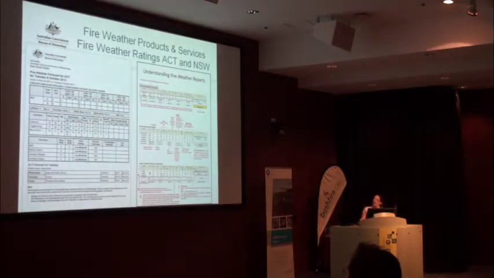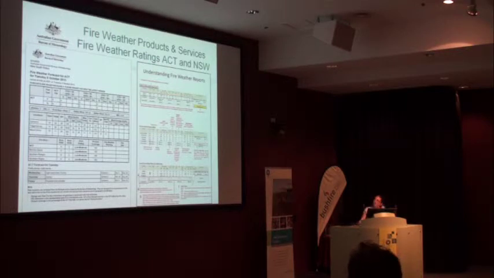Once we've created our grids of wind and temperature and fire danger rating, we produce the written forecast, which was based on the written forecasts that we used to produce before we moved to a graphical system.